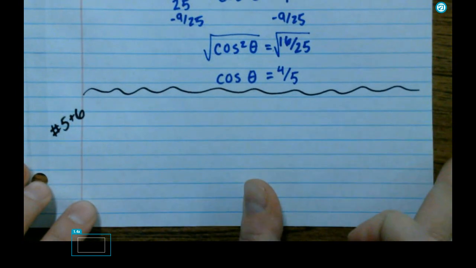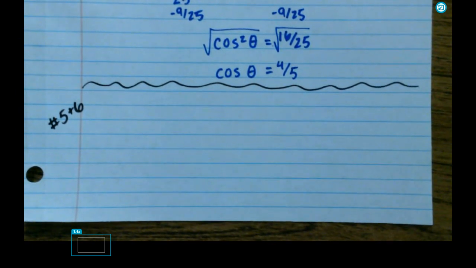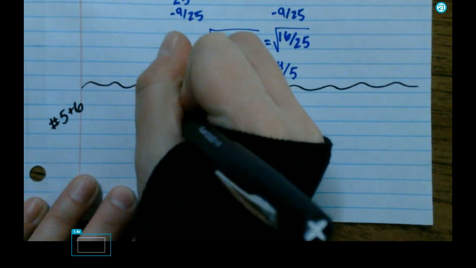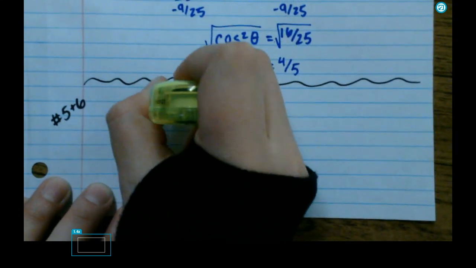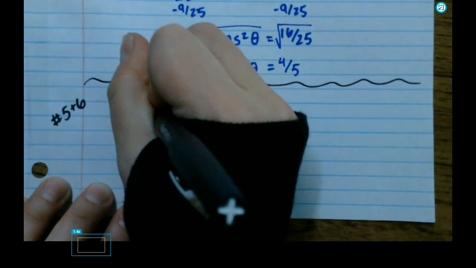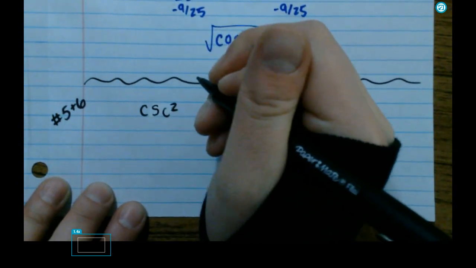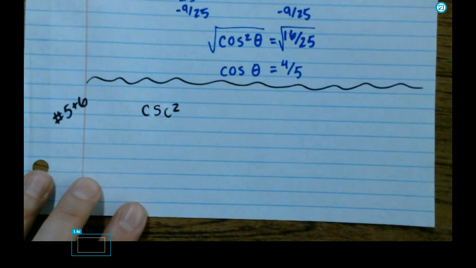So, problem 5 and 6, if we are told that cosecant squared of... cosecant, not cosine, sorry. I'm making up an example because there's not one in the book, so I'm here doing big brain stuff.